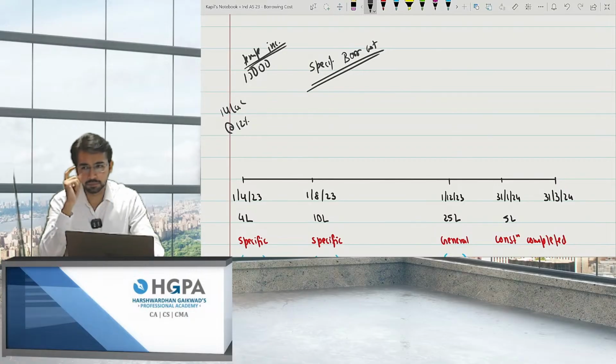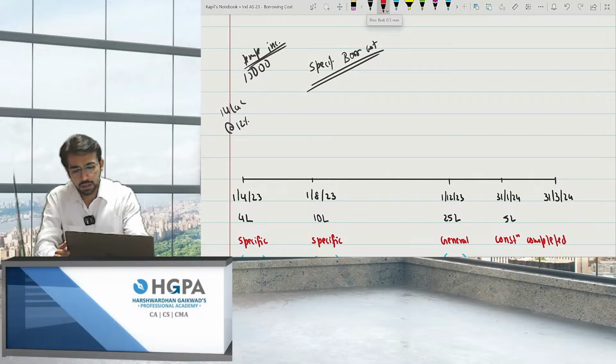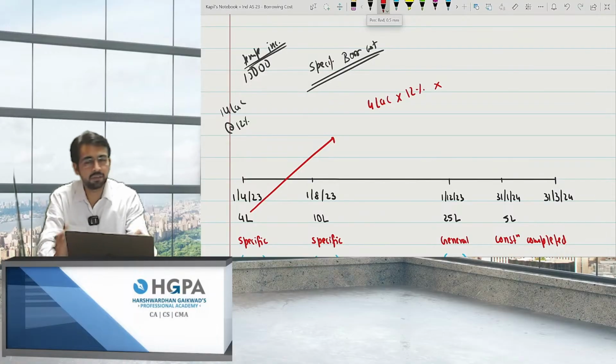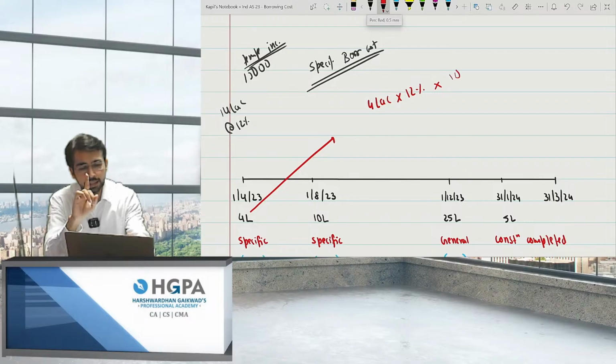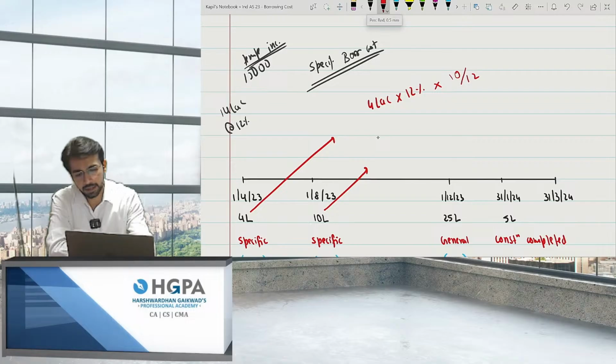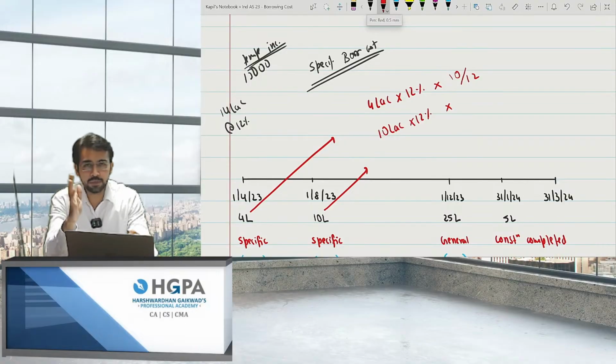153. Okay, 153. So the rule is very clear. I will capitalize this 4 lakh at the rate of 12%. For how many months? It will not be for 1 year, it will be for 10 months, right? This 10 lakh, 12%. For how many months? If you say, sir, reduce by 4 months, the answer is no. It will still be for 10 months.